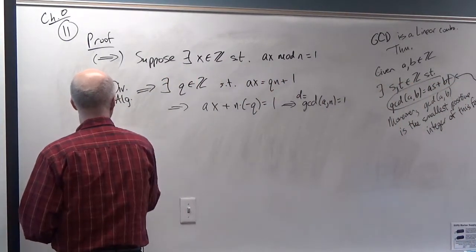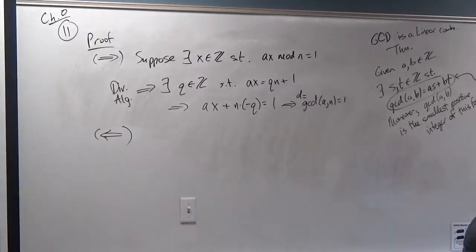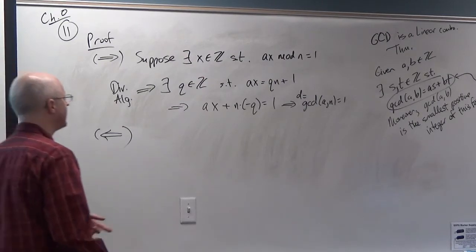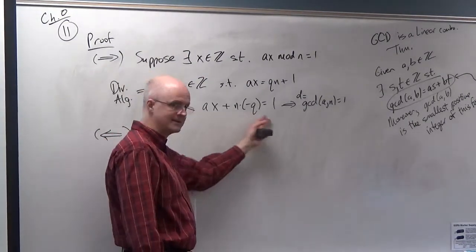How about the other direction? Just take the steps in reverse. If d is 1, if this GCD is 1, then by the first sentence of the GCD as a linear combination theorem, there exist integers where this kind of equation is true.